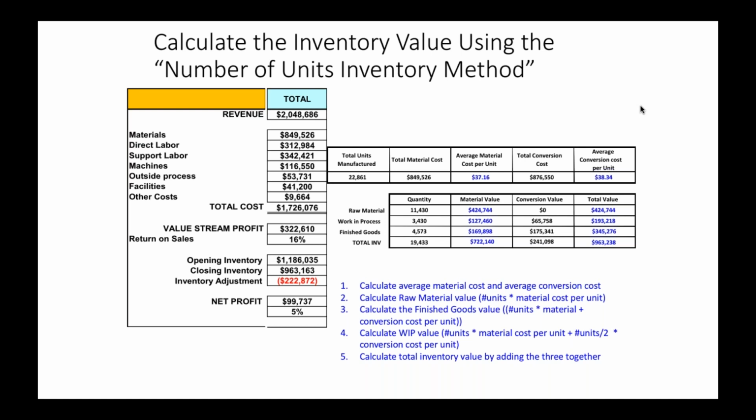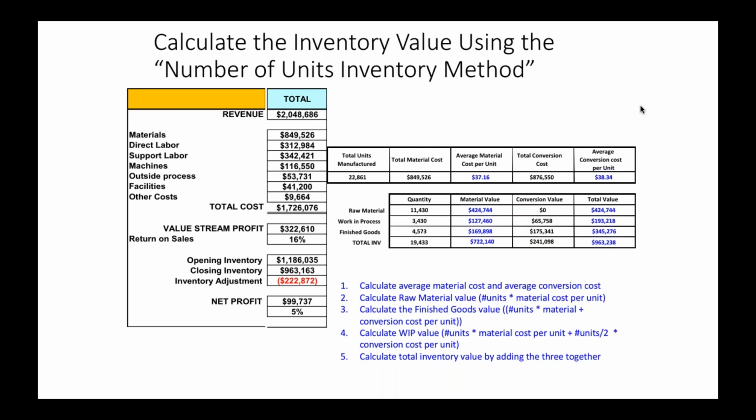We have total manufactured units in the period, 22,861. So we calculate a material cost per unit and a conversion cost per unit. And then based on the number of units on hand, we do the simple multiplication and we get our inventory value.